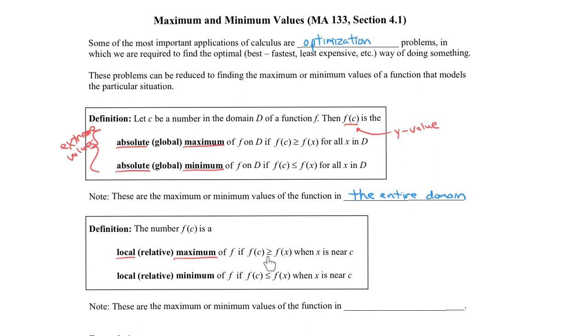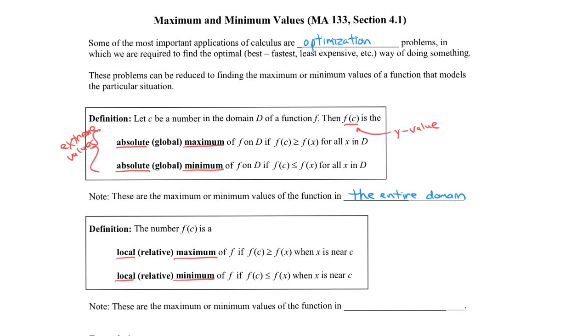So locally, this is the largest value, but maybe not globally. Maybe not the absolute maximum, but locally it's the maximum. And of course, we could have a local minimum if f of c is less than or equal to f of x when x is near c.